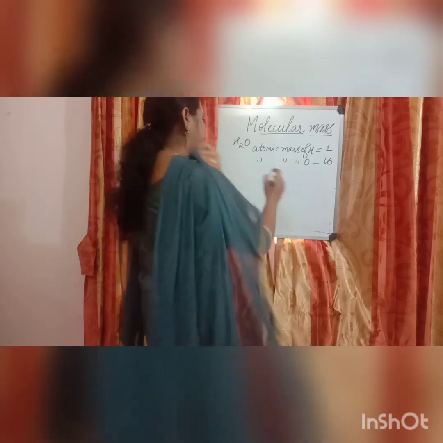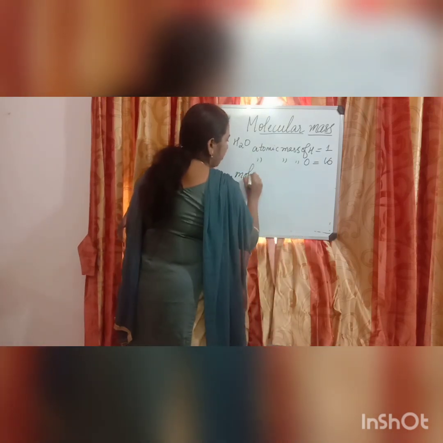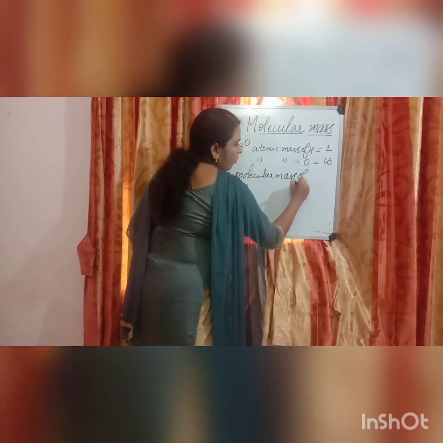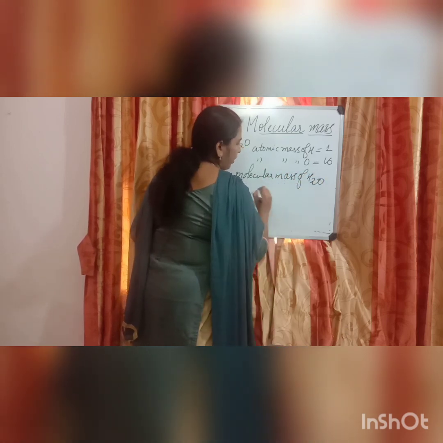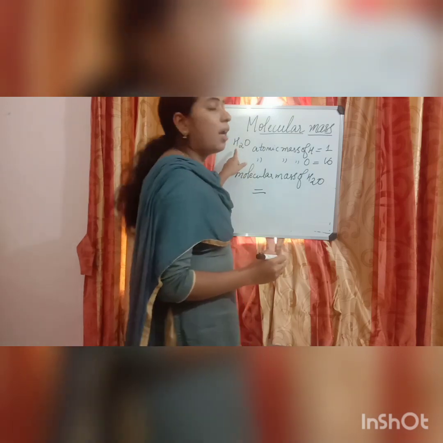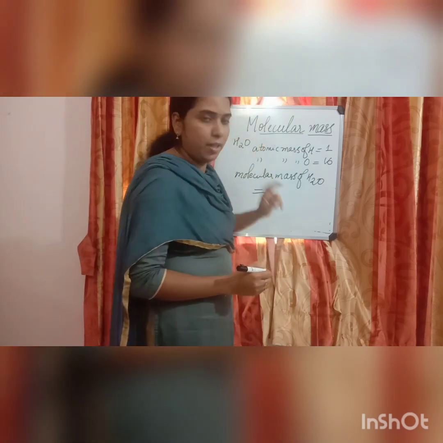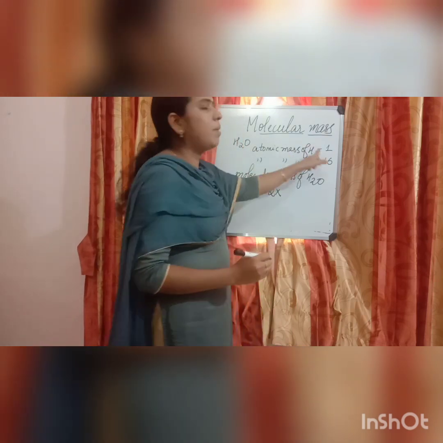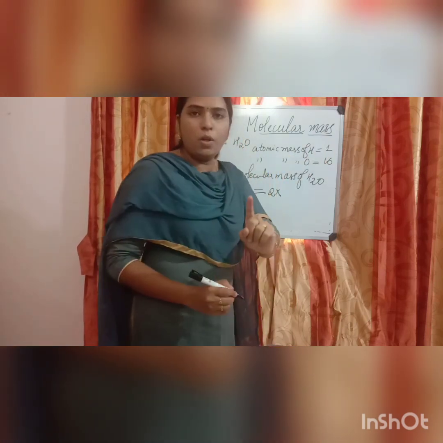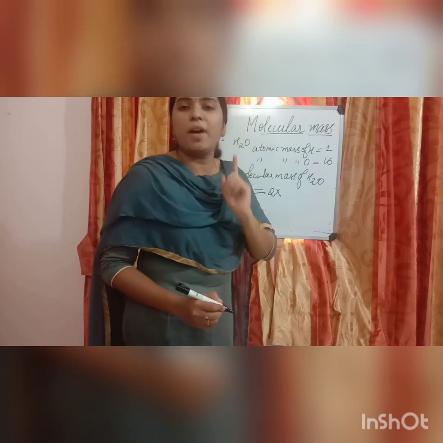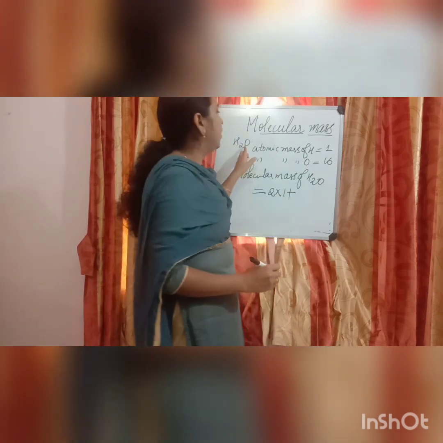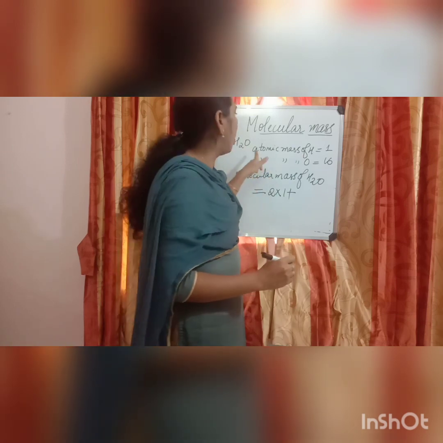Okay, let us see. Molecular mass of water molecule is equal to, here how many hydrogen atoms are there? Yes, 2. So you want to multiply this 2 with atomic mass of hydrogen. So we all know that atomic mass of hydrogen is 1. So 2 into 1 plus, then next you have to consider oxygen atom.